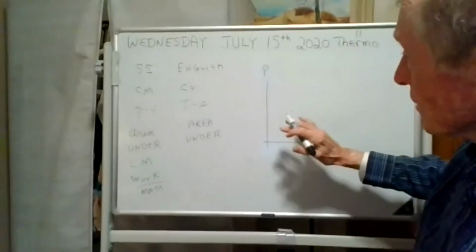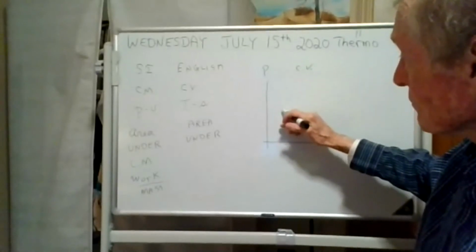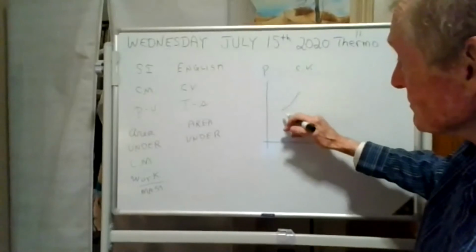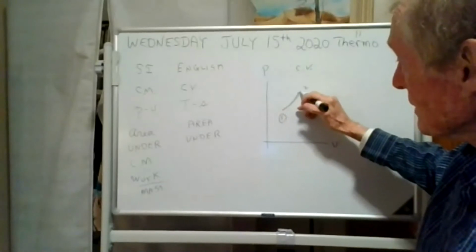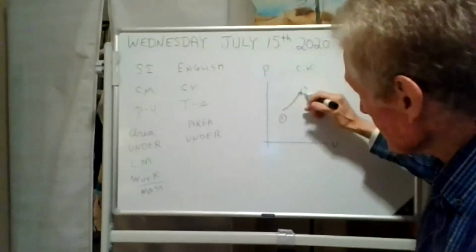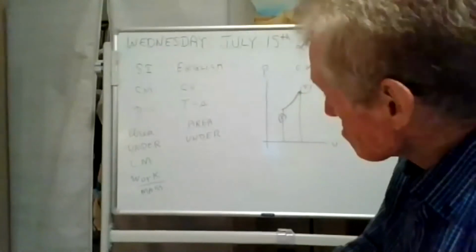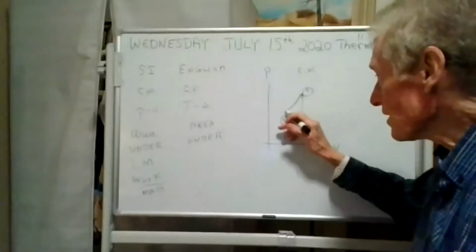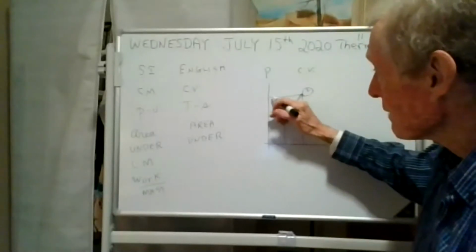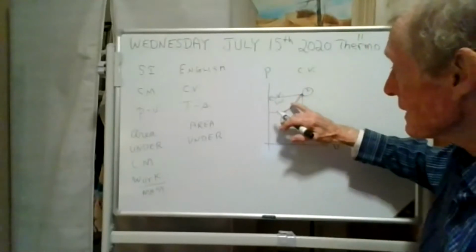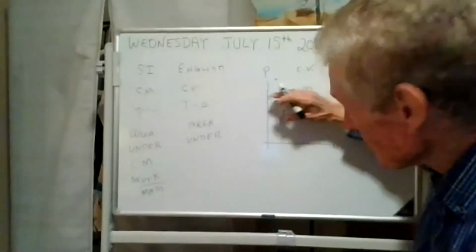If you have a control volume and you have a process, let's say you go from 1 to 2 here, it's not the area under it this way that gives you the work. It's the area this way. This gives you the work per mass. If you have a control volume, the area under the graph is still the work, but it's this area sideways.